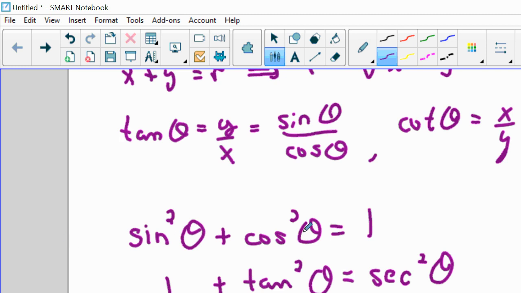Now, these are fact. You can manipulate these all you want. This is what you know. Just get them down, get them memorized, because they're part of your foundation of trig.